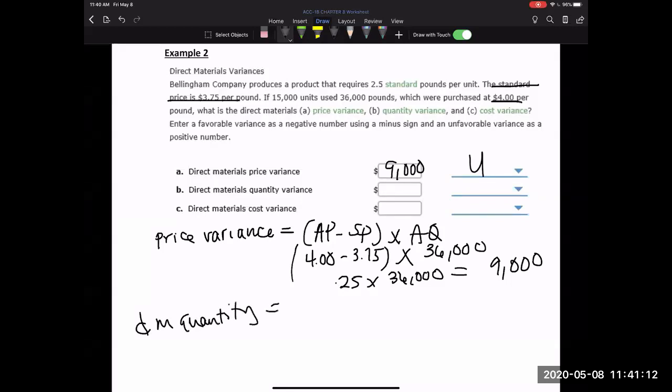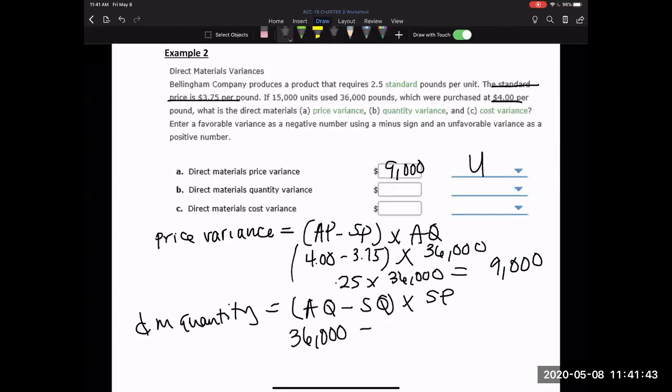That formula is our actual quantity minus our standard quantity, and that's going to be times our standard price. Okay. All right, so our actual quantity came out to be 36,000 pounds.